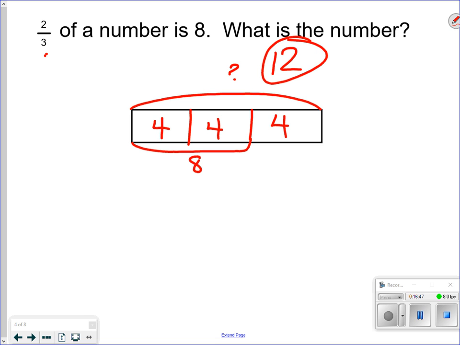Mm-hmm. Well, let's see. 8 divided by 2 is 4. 4 times 3. You just do the steps backwards. But some people can't remember how to do that. So, just do the bar model.